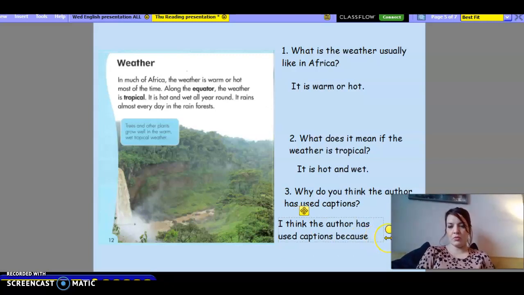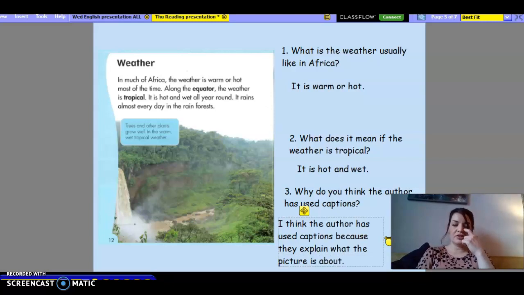Because tells why. I think the author has used captions because. So why has the author used captions? What do you think? How do captions help us? I'm going to put, I think the author has used captions because they explain what the picture is about.